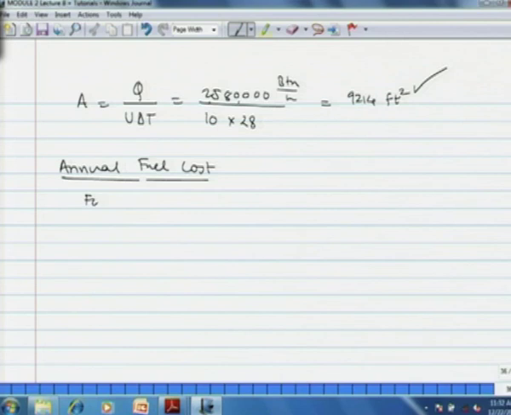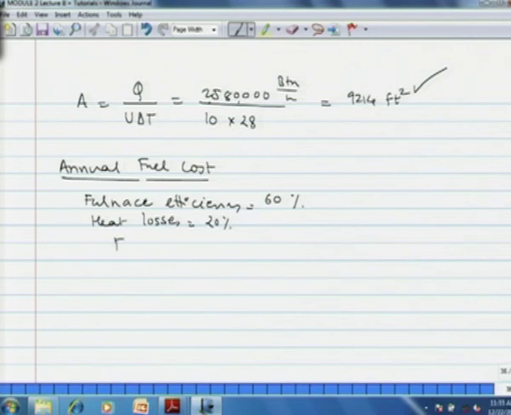So, there is, in the first place, the furnace efficiency that comes into the picture, and then the heat losses. We have been given furnace efficiency as 60%, heat losses as 20%. Okay.